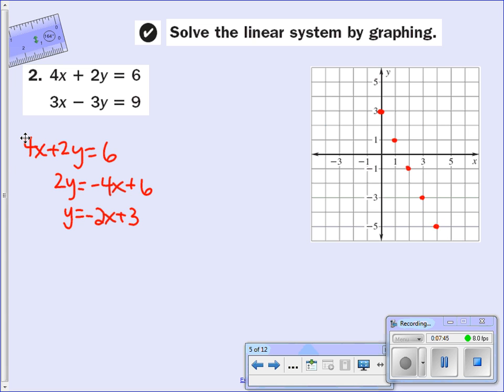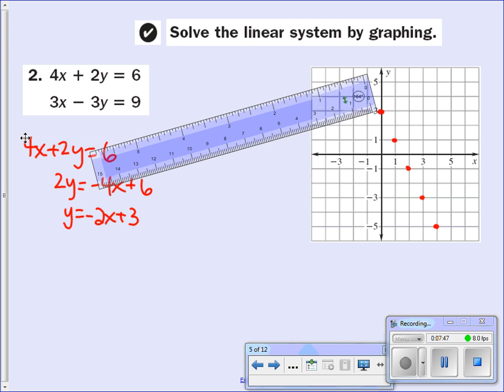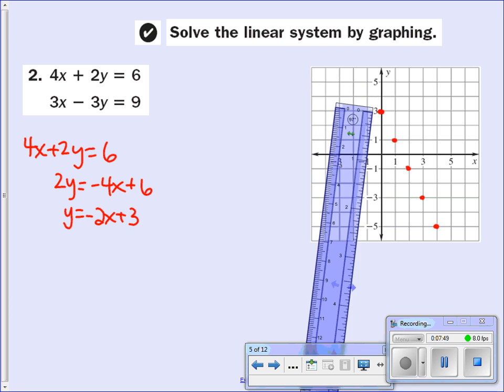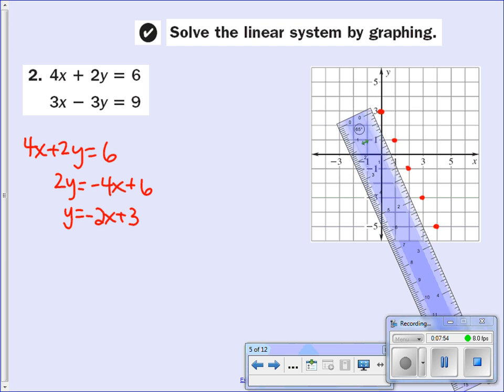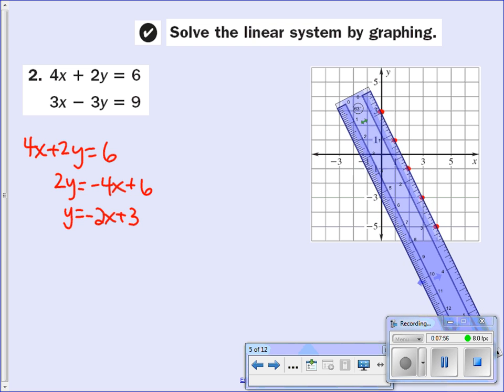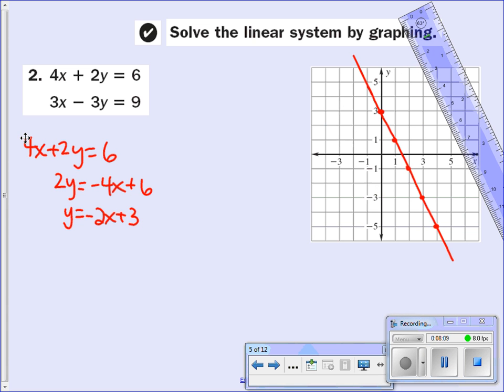And so that line would be, need to adjust it just a scotch. There you go. So that line would be here. Following my straight edge. Yeah, there we go. Save that for my next equation.